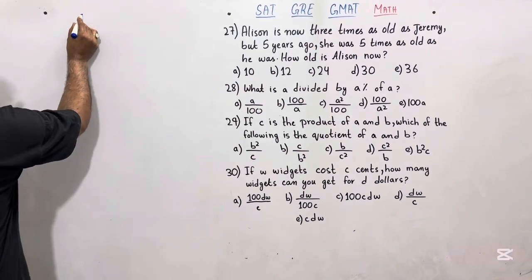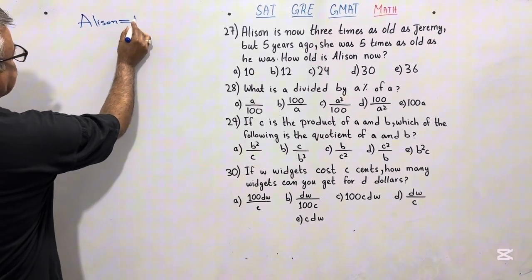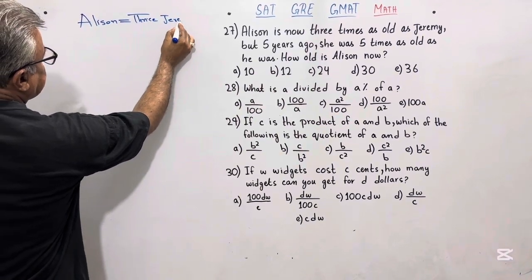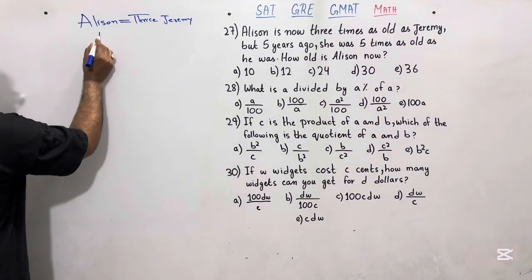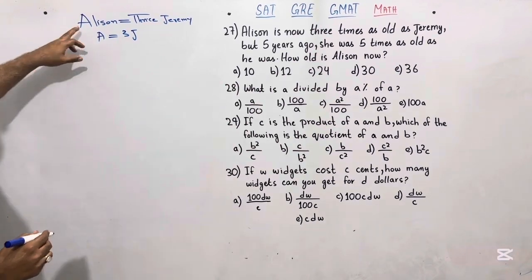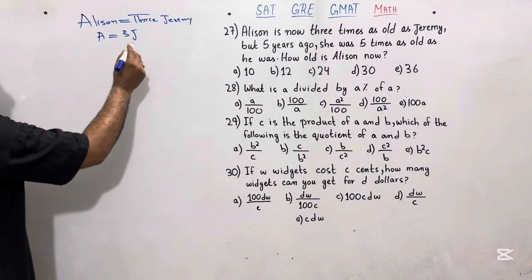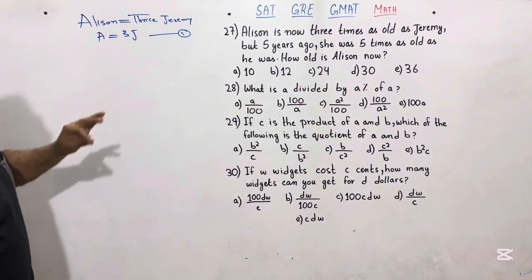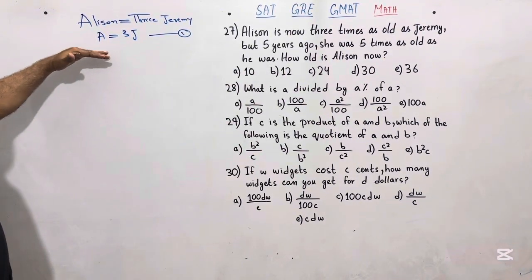According to the first condition, the age of Alison is thrice the age of Jeremy, or we can write simply A is equal to 3 times J. From Alison we have taken A, thrice 3, and from Jeremy we have taken J. Our condition number 1, the mathematical equation: A is equal to 3J.